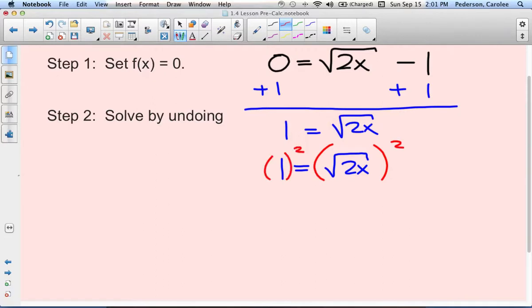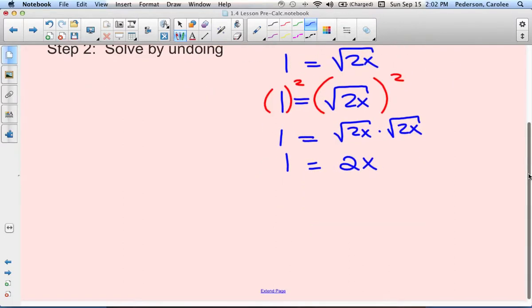So now 1 times 1 on the left becomes 1, and square root of 2x times square root of 2x, what happens there is the radicals cancel out, and we're just left with 2x on the right and 1 on the left. Last step to solve for x is divide both sides by 2. So x equals 1/2 is the 0 of the function.